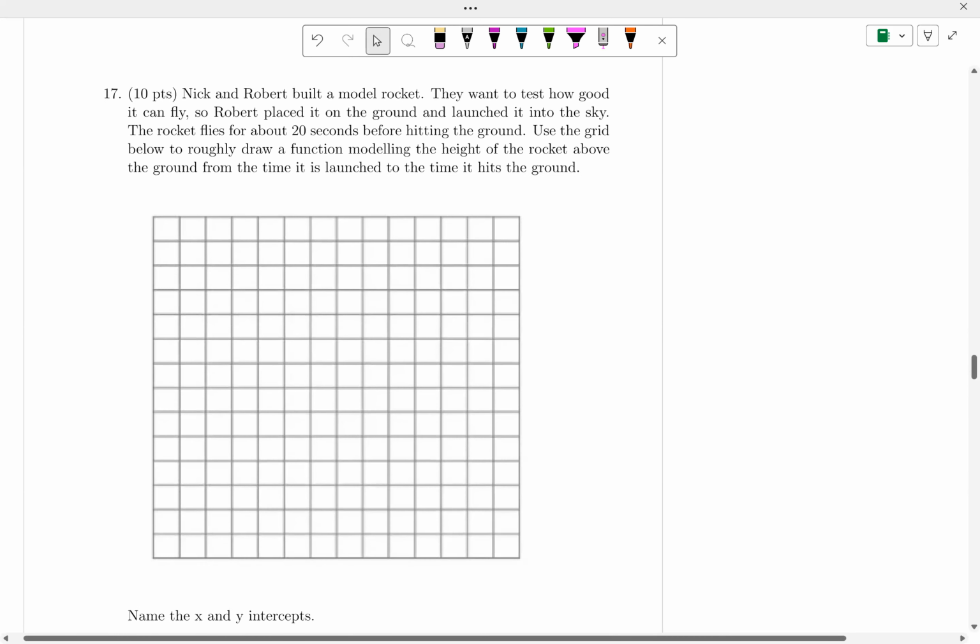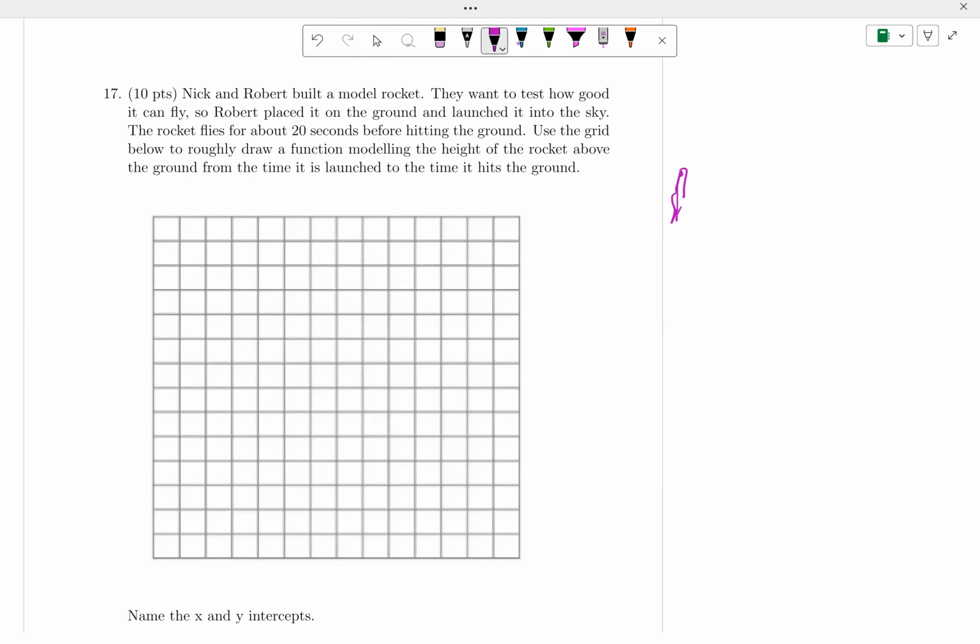Okay, so if you're launching a rocket into the air and it's going to hit the ground, you can postulate that the rocket, let's say this is the rocket here, will be flying through the air, and then eventually it'll come back down, boom, and hit the earth.